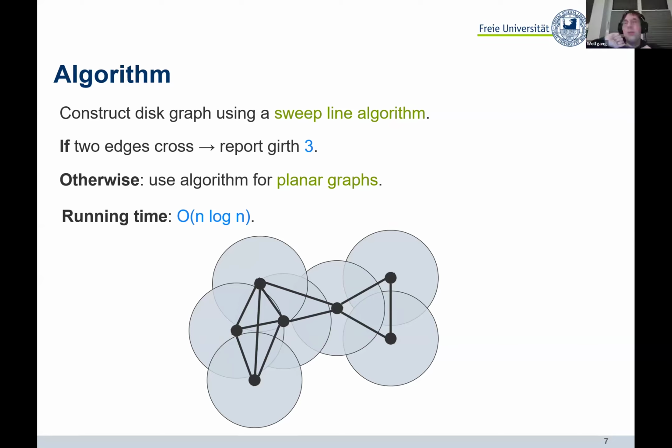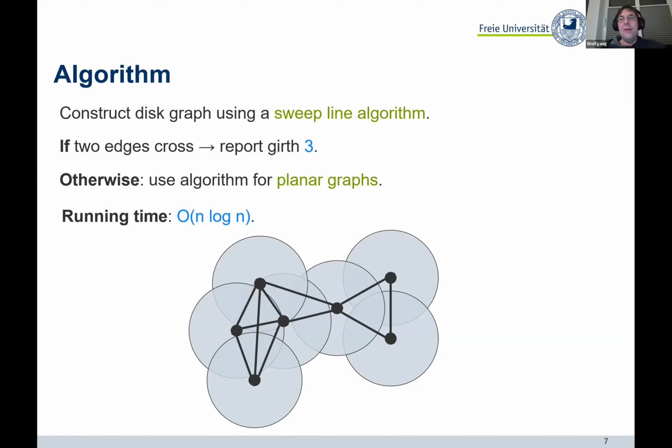You need to construct the disk graph, but actually you're constructing the disk graph only partially. You start constructing the disk graph, and either while you construct it, you discover two edges that cross, and then you immediately abort the construction and report the triangle that you found when the edges cross.